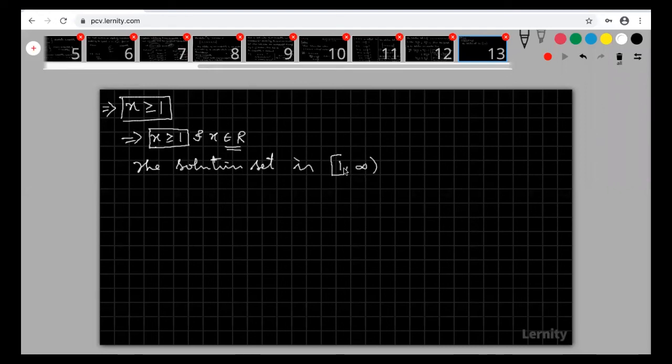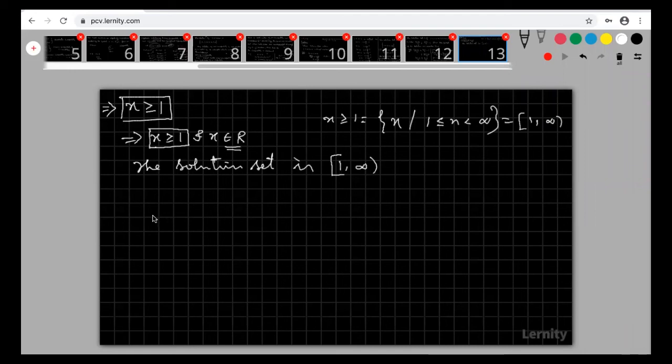We have discussed intervals in our second chapter, relations and functions: open intervals, half open intervals, closed intervals. The set of real numbers representing x greater than or equal to 1 means the set of all x, 1 less than or equal to x less than infinity. That is the meaning. This is represented as 1 to infinity. So therefore my solution set is 1 to infinity. Are you clear? Are you okay?